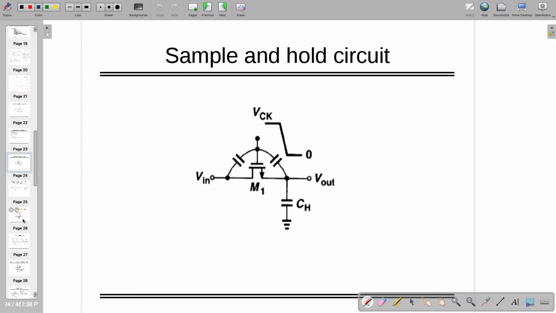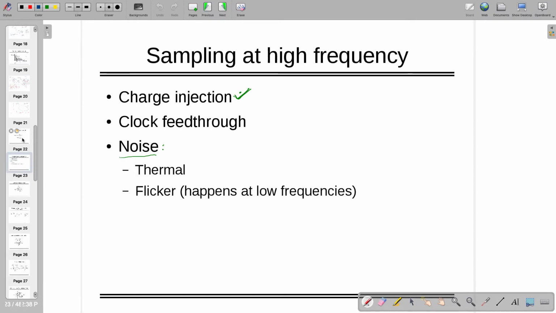Okay, let's come back to where we were. If you have such a system, there is a switch cap, and you might be operating this circuit at high frequency or at low frequency, and accordingly you may have noise. That noise has to be rectified.